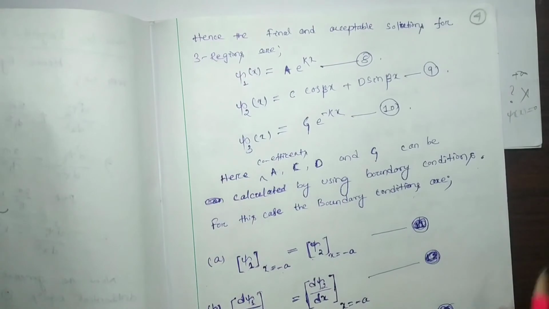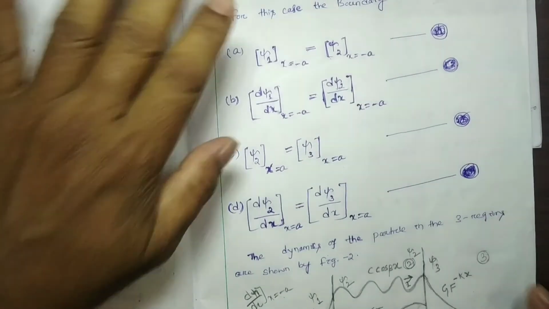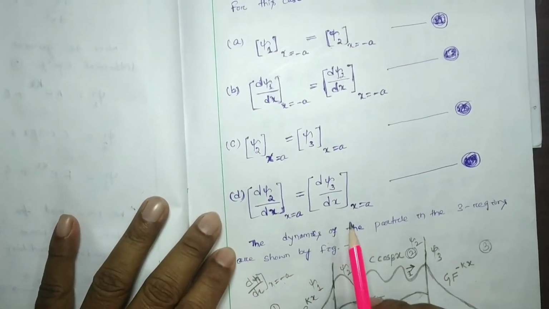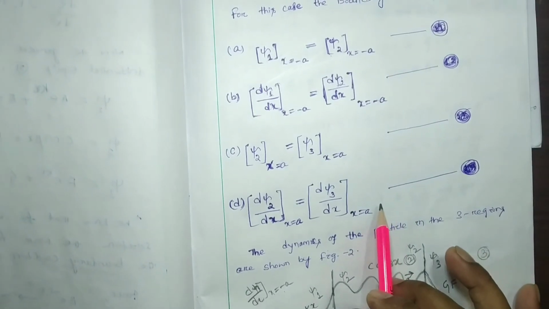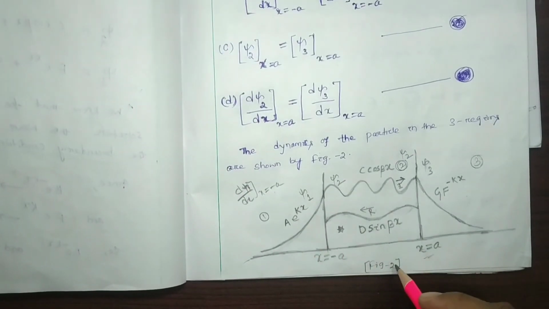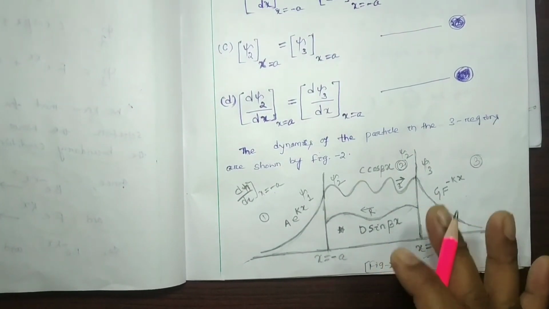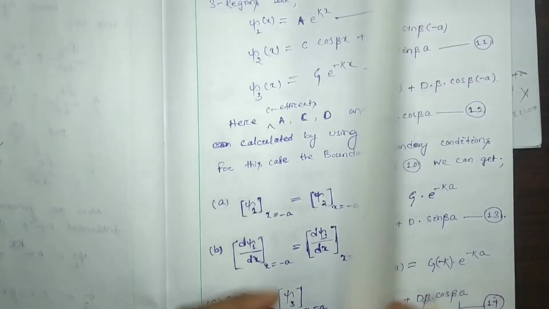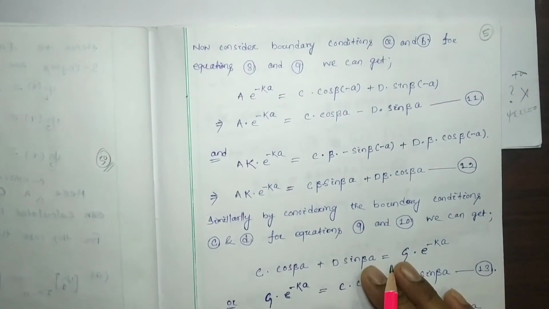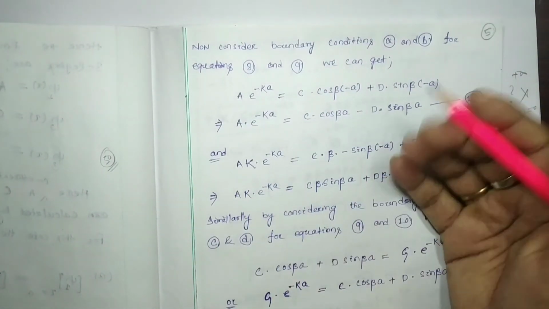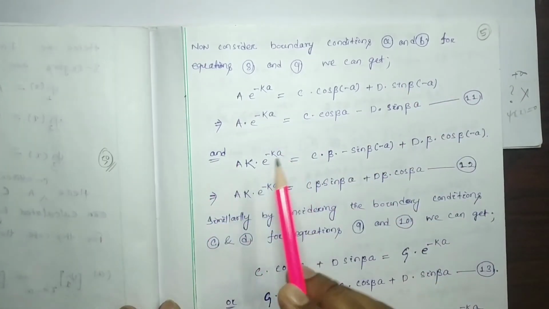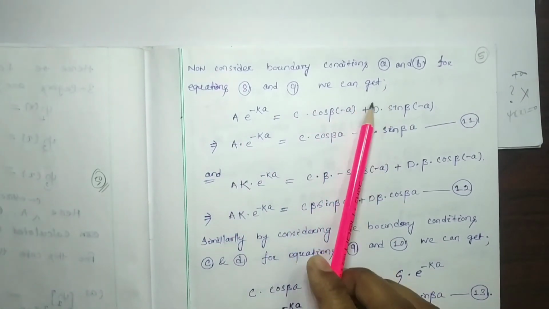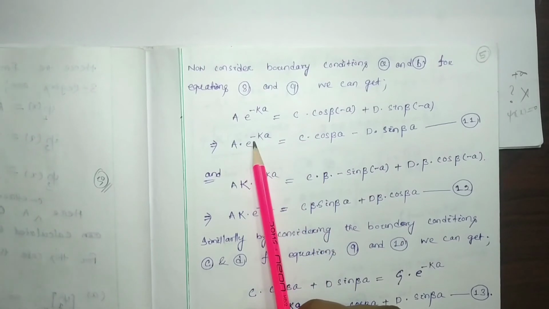So we stop over here. In this video we have discussed up to these boundary conditions and this figure, figure 2, and in the next part of this topic we are going to start from here.